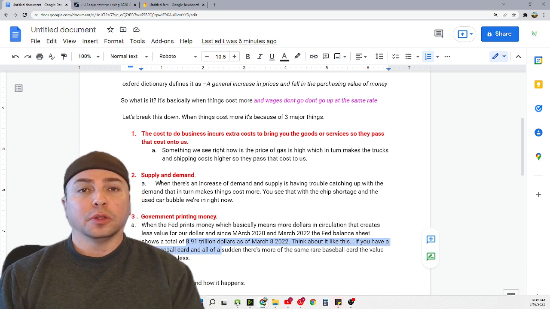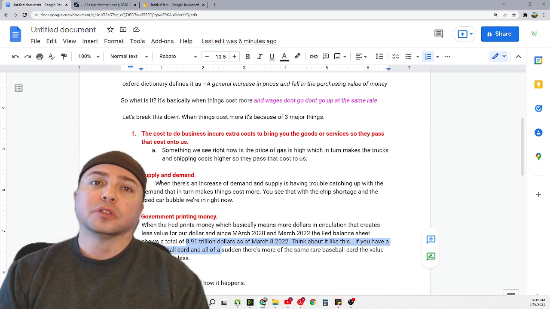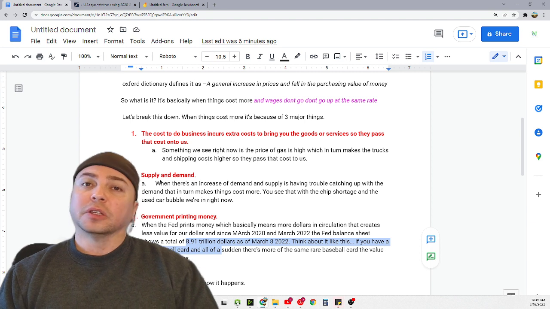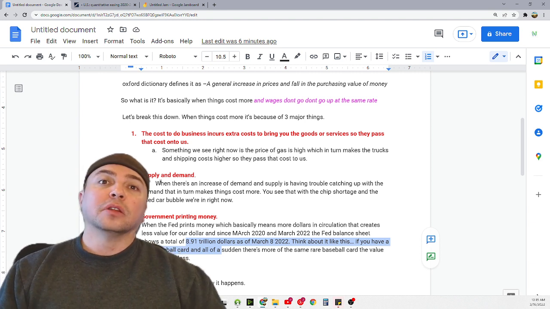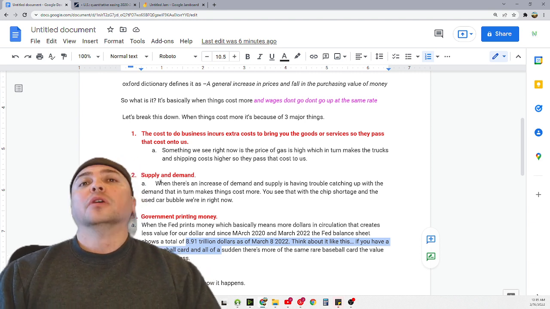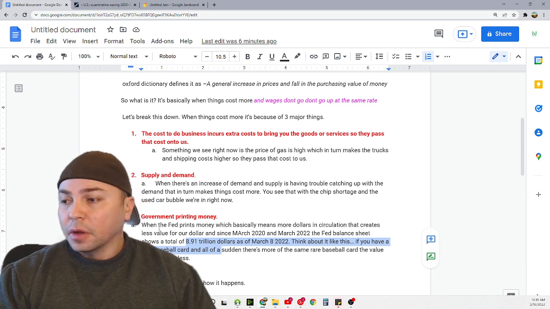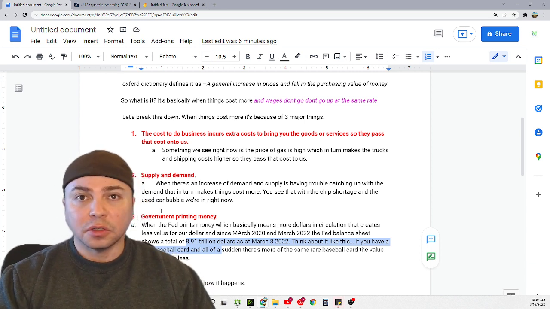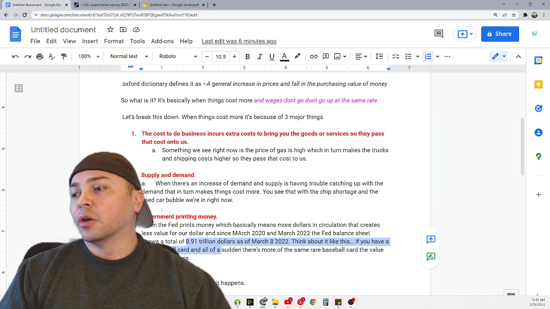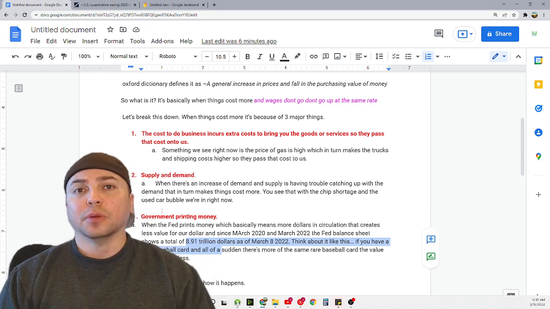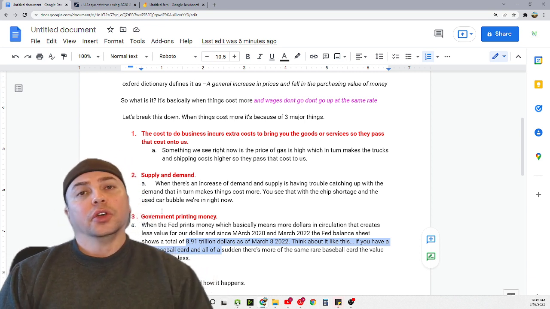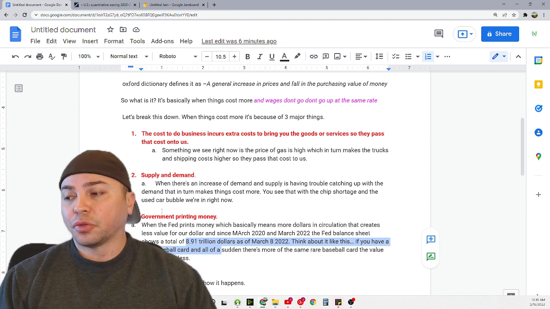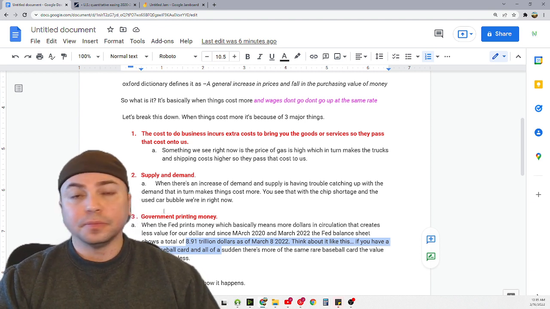I mean, with car manufacturers not being able to produce the cars out there, the used car market's high. So again, there's a lot of demand for vehicles right now. There's not as much supply. And then the government printing dollars like it's nothing. You can't just print money and not take it out of circulation. So that's another reason.